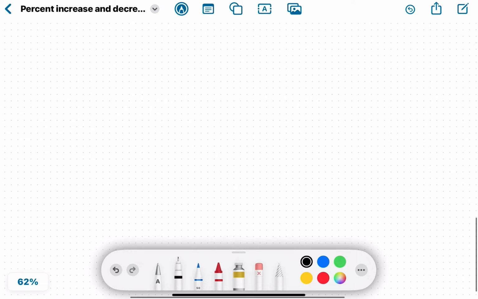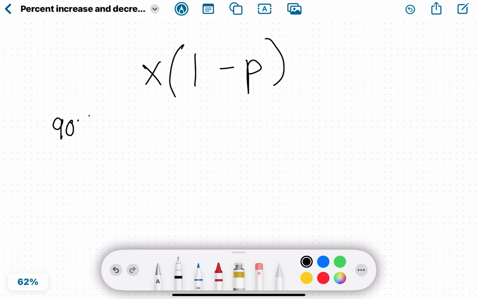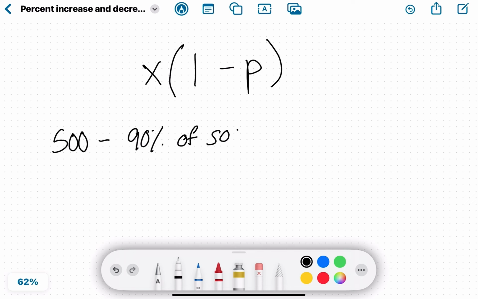Instead of doing x times 1 plus p, it's x times 1 minus p, right? You could do the same thing. You could do 500 minus 90% of 500, and then you could do all that math, find 90% of 500, subtract that from 500, and then get your answer.